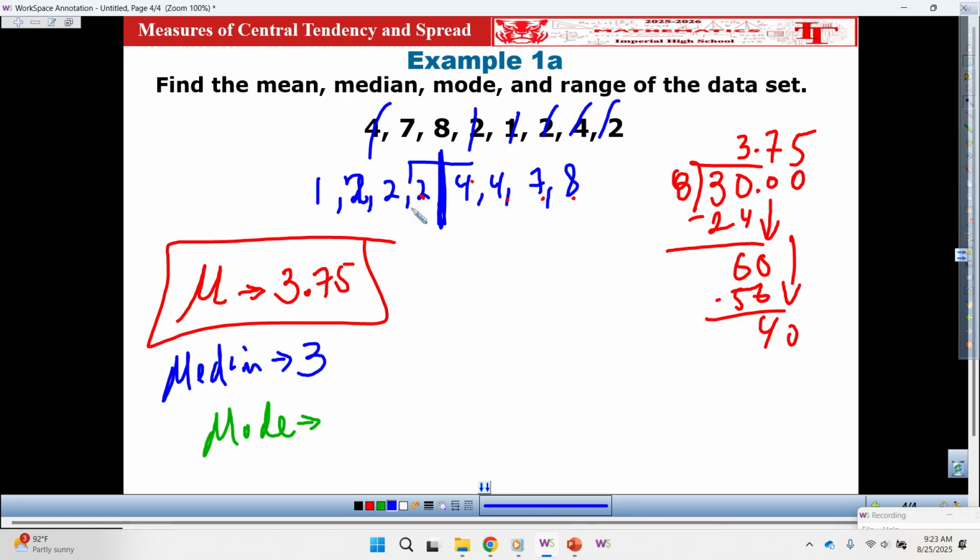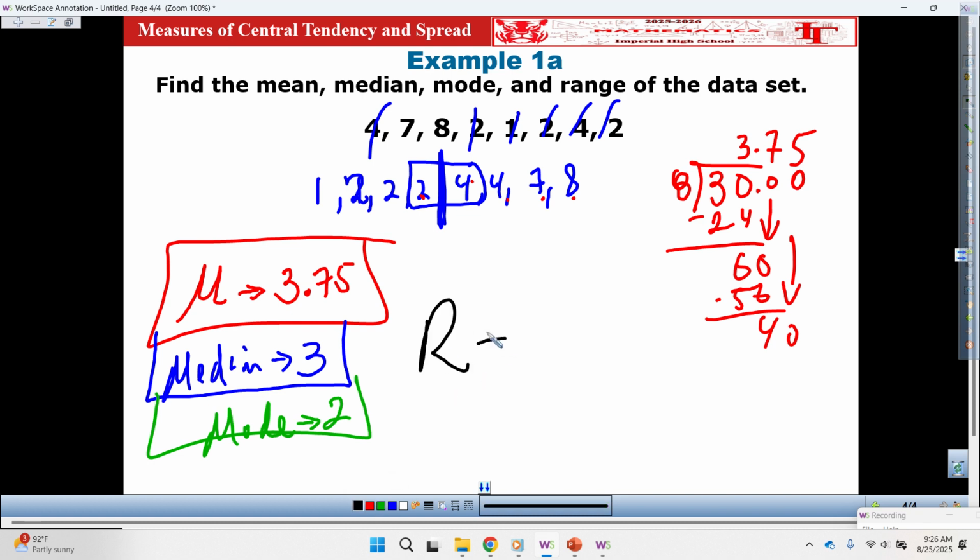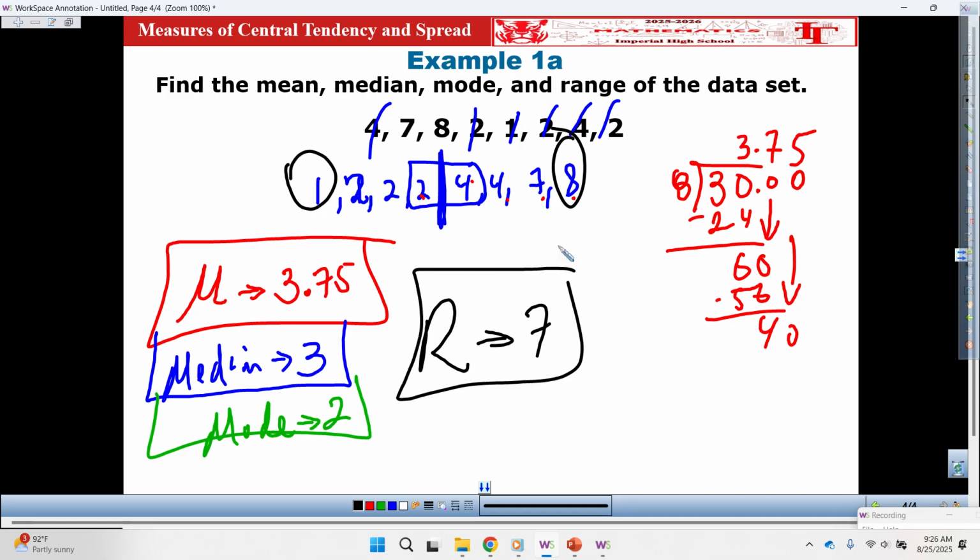That is correct. 2 plus 4 divided by 2, that's 3. Very good. Mode. Pass them on, Brianna. Caitlin. 2. Hands if you got 2. That is correct. And the last thing, our range, we take 8 minus 1, therefore it's 7. Not bad, not bad.